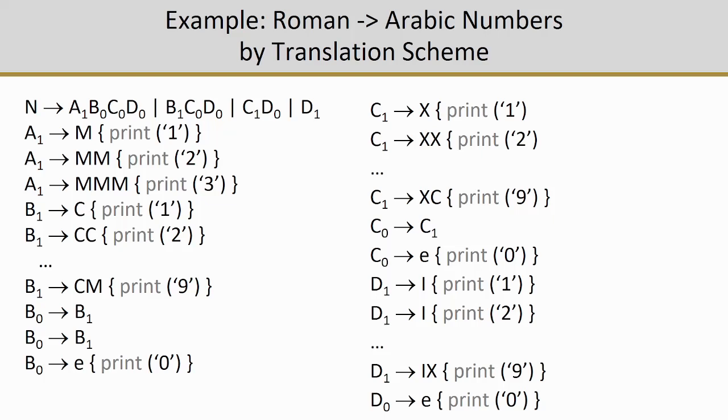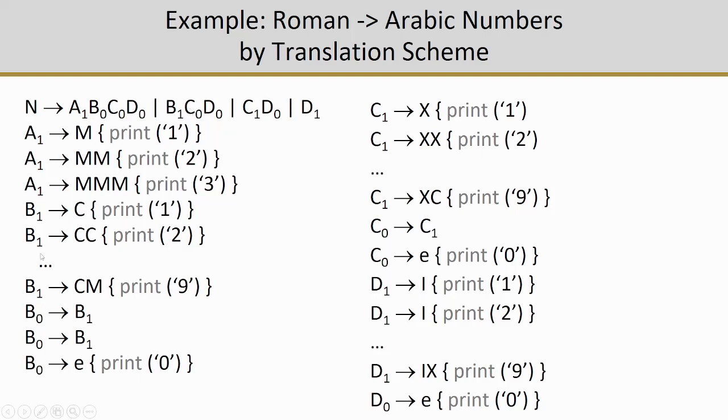For example, if there are no tens and hundreds in the Roman number, we have to place zeros. So for example, M itself means 1000. However, in an Arabic number, we have to write 1, 0, 0, and 0. So that's why it is important to know whether we have other positions in the Roman number or not.